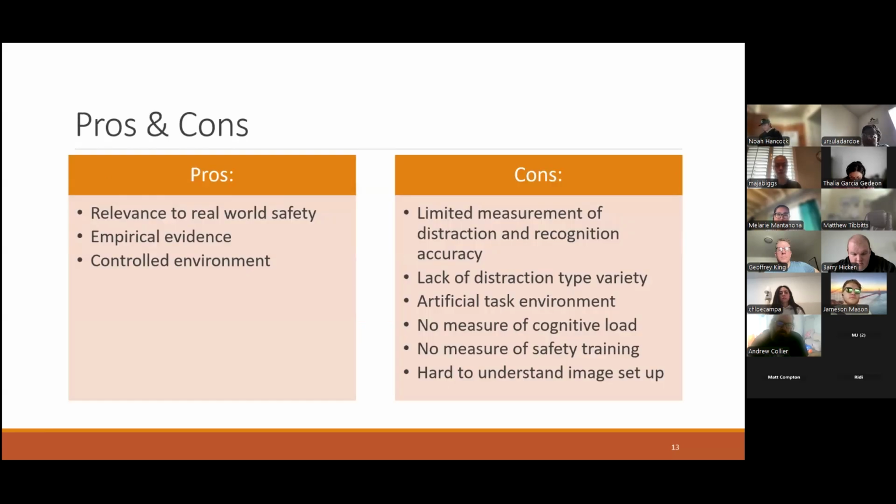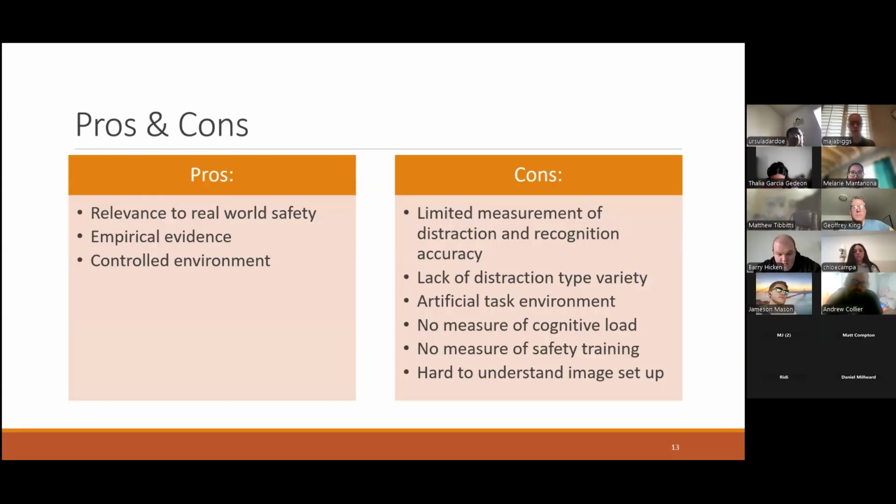So here's some pros and cons that I came up with, and then asked ChatGPT if they had any more. So some pros is that it's very relevant to real world safety, and kind of fills the gap of having empirical evidence on the relationship between distractions and hazard recognition. And then the use of video clips and set case images made it a very controlled environment that's easy to replicate.